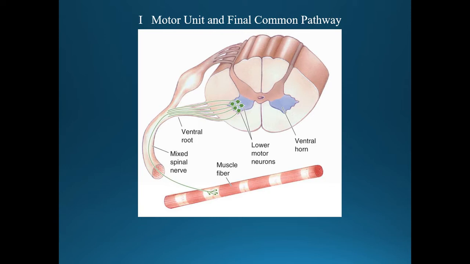The spinal cord's motor function is opposite to the sensory function. The sensory function areas in the spinal cord are in the dorsal horn, in opposite to the motor function in the ventral horn, on the opposite sides of the spinal cord.